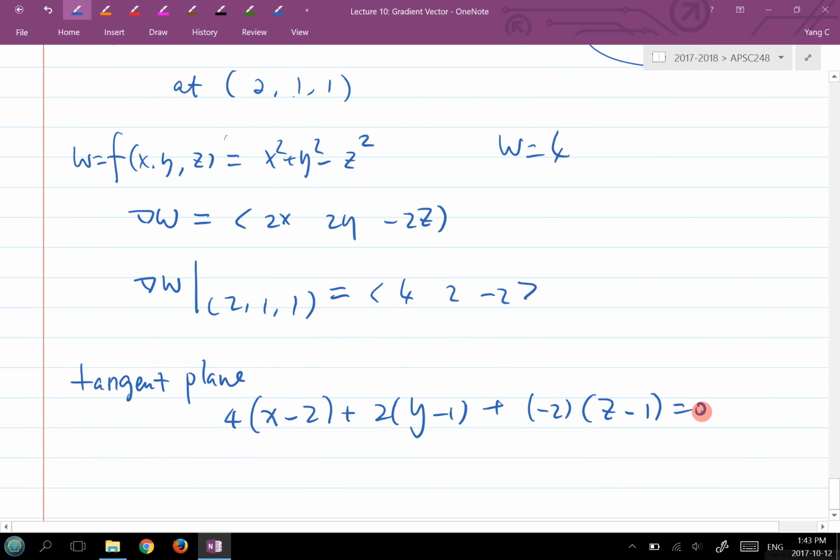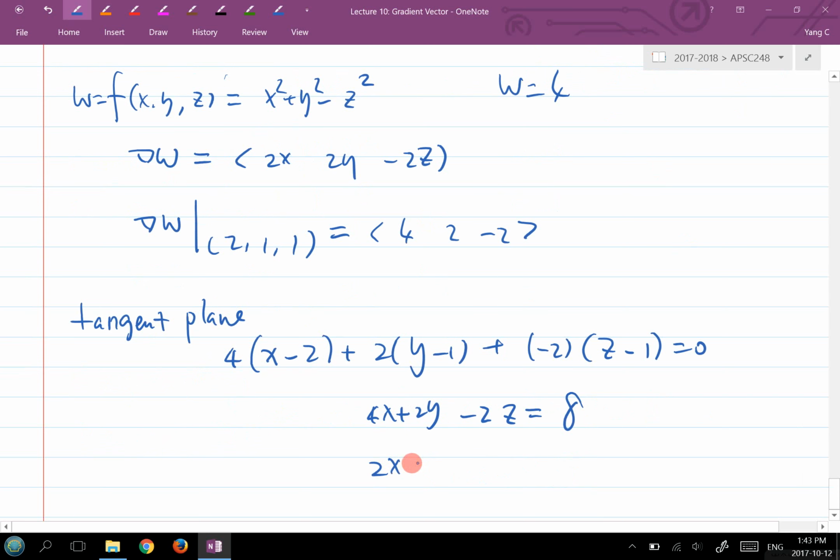Simplify this a little bit, you get 4x plus 2y minus 2z equal to 8. Then you can divide both sides by 2, so 2x plus y minus z equal to 4. So that's your tangent plane to this level surface.